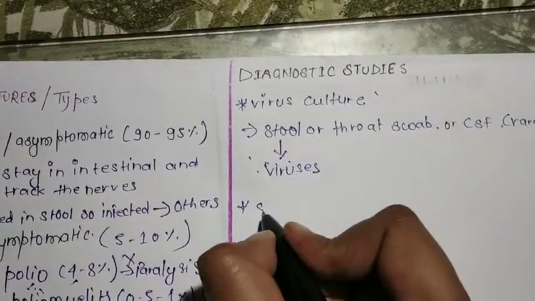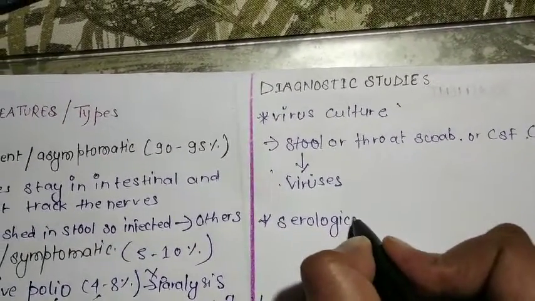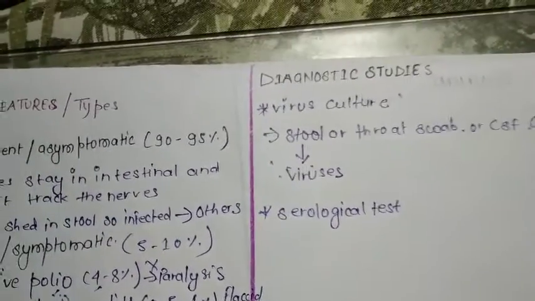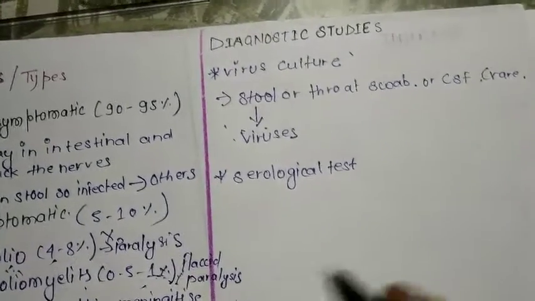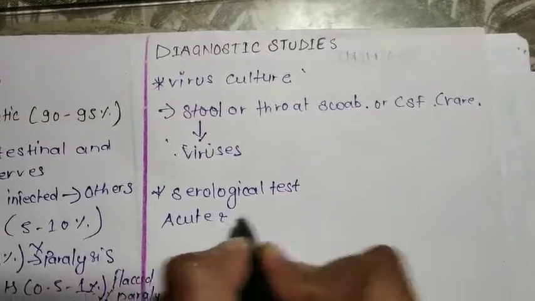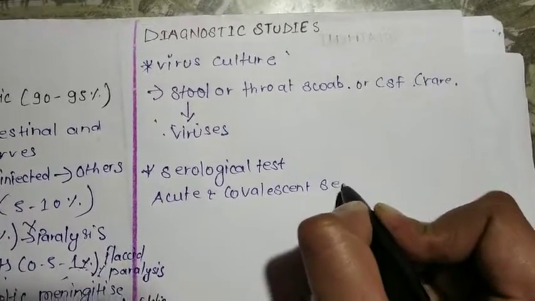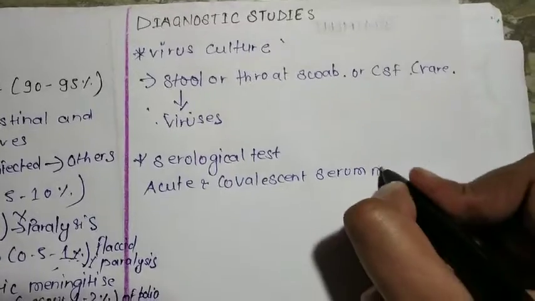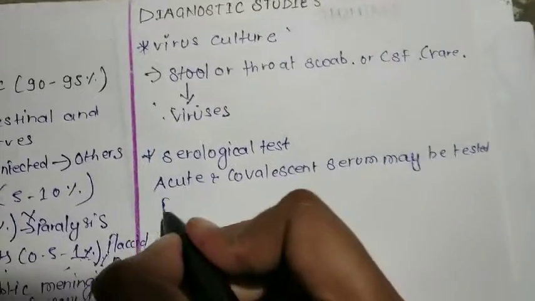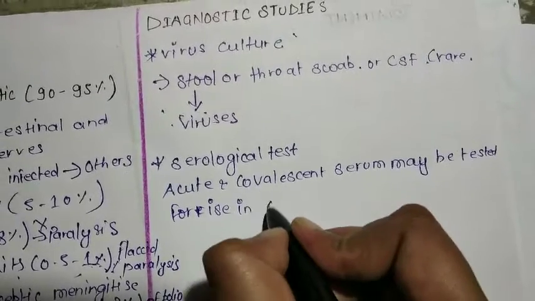Next we'll do the serological test. This is another test to diagnose the virus. Here acute and convalescent serum samples may be tested for a rise in AB titer.